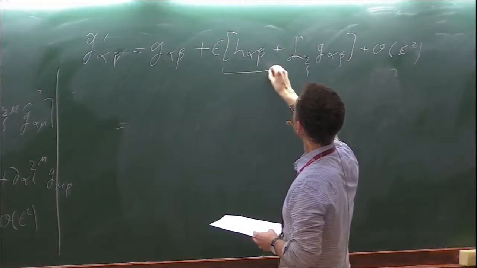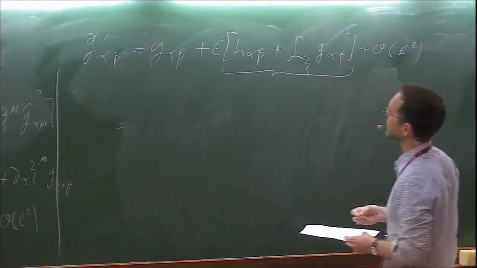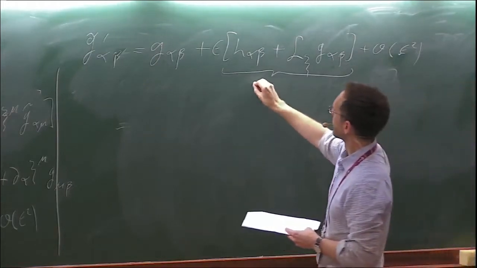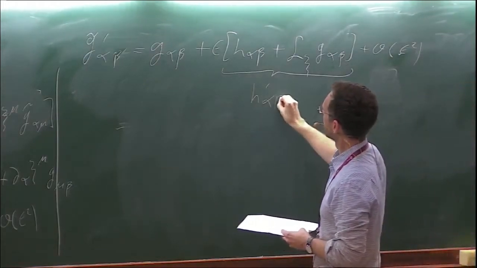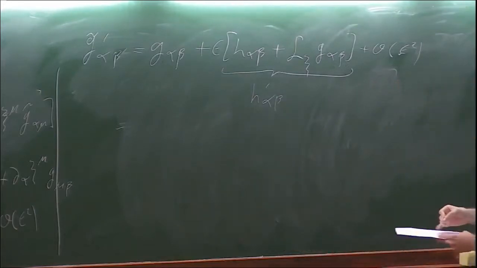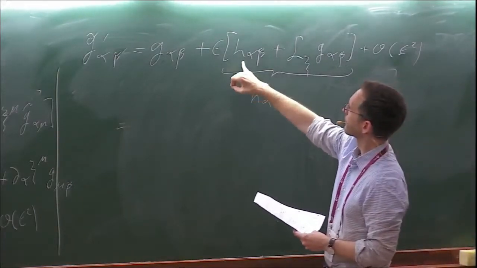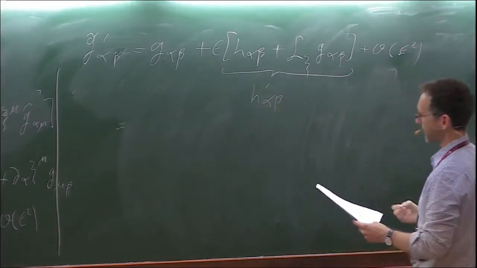So this is the linear metric perturbation in the new gauge, in the new coordinate system. So this we can call h prime alpha beta. And we see that it differs from h alpha beta just by the Lie derivative of the background.